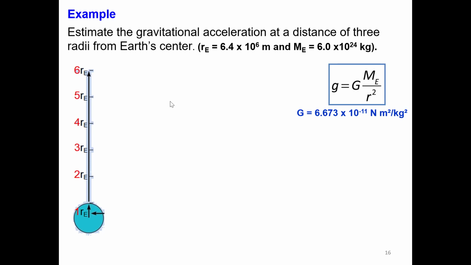Then we want to estimate the gravitational acceleration at a distance of 3 radii from Earth's center. And we want to calculate what is the G value at this point. Yes, we want to calculate the G value at this point using this equation.